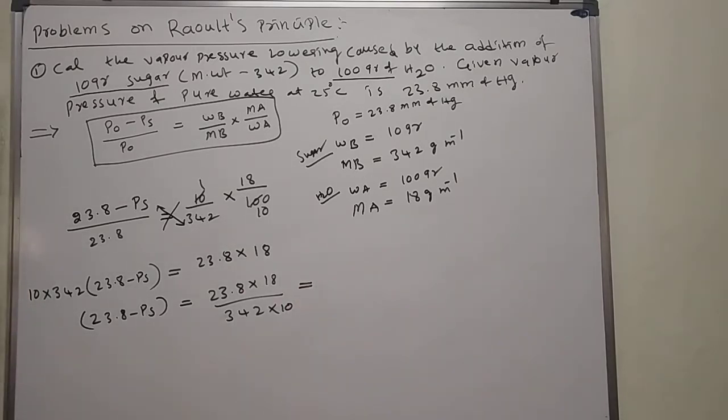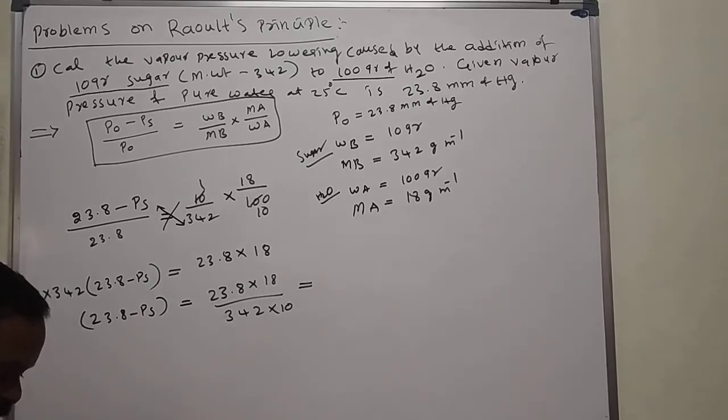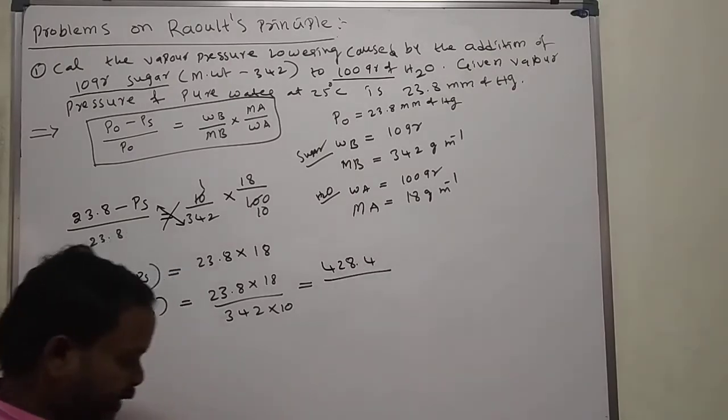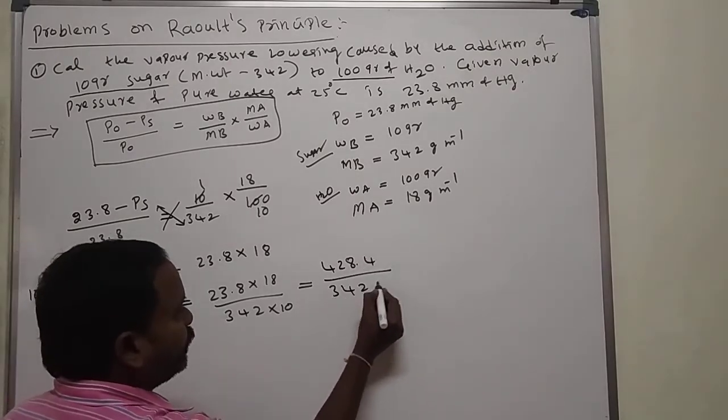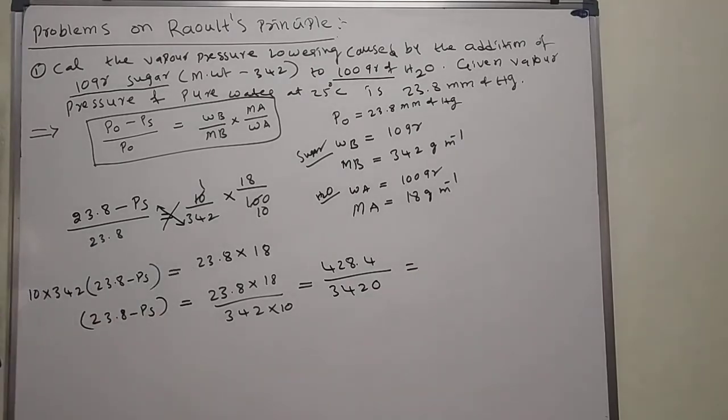What is the value here? 23.8 into 18 is 428.4 by 3420.